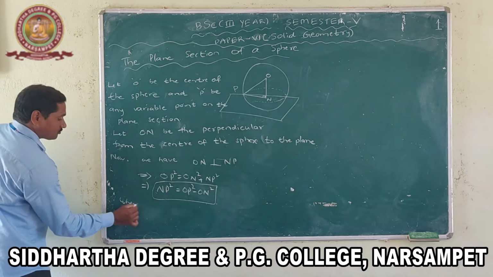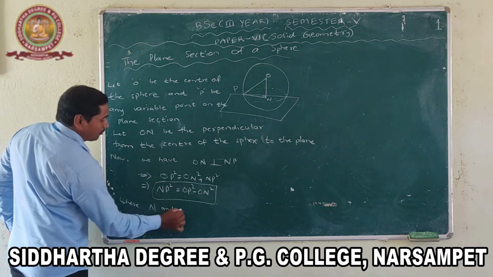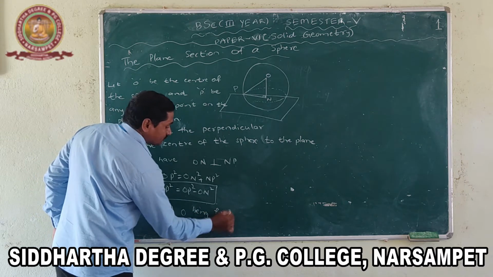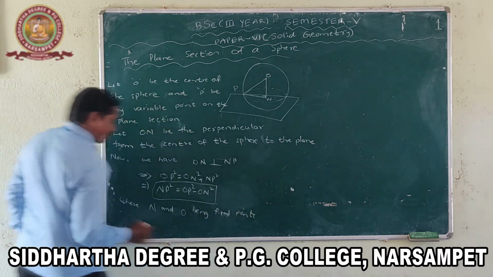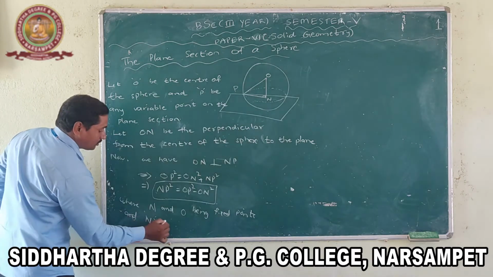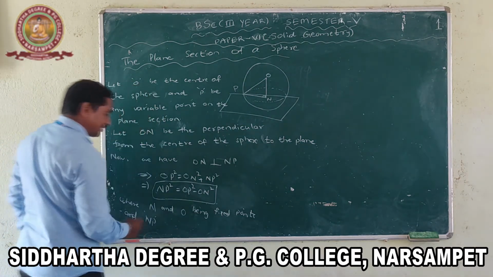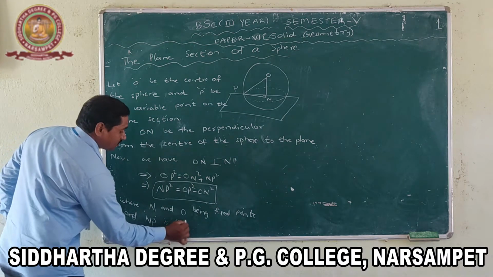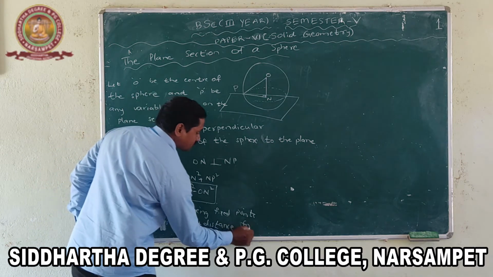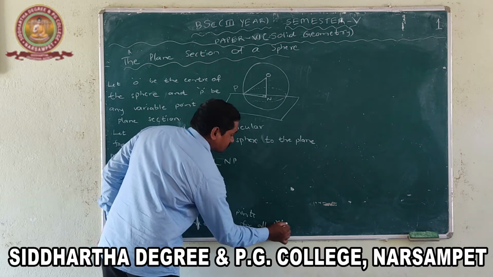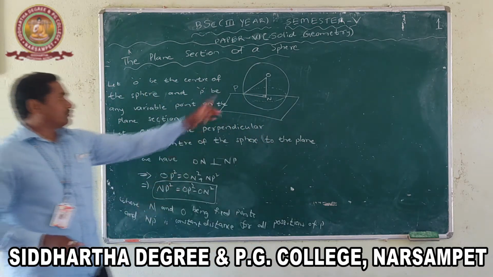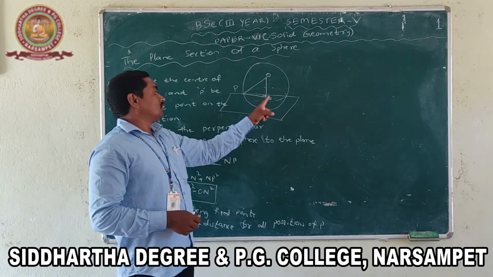Here N and O being fixed points, NP is a constant distance for all positions of P. O is the center of the sphere and N is the fixed point.